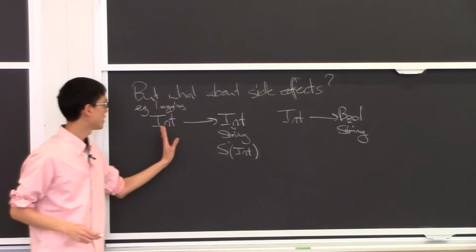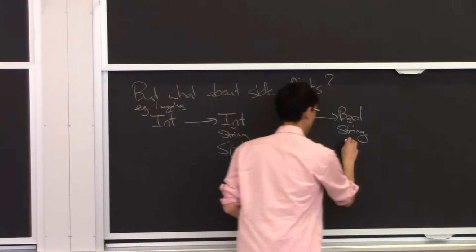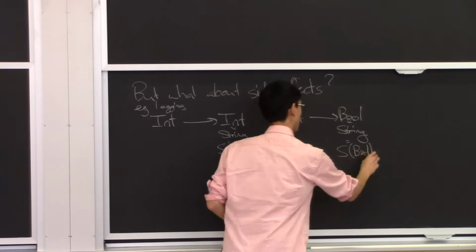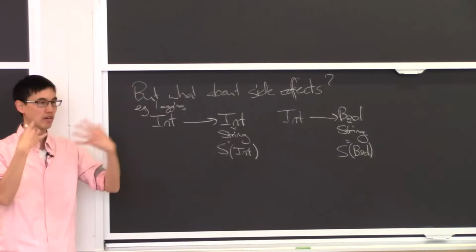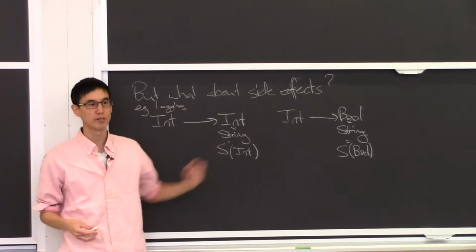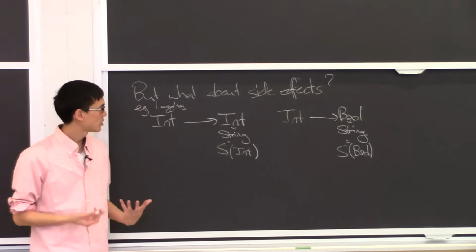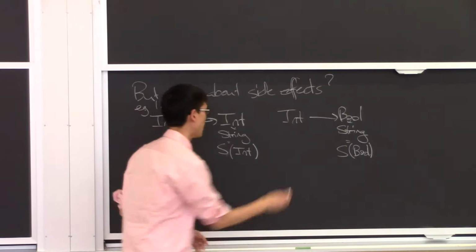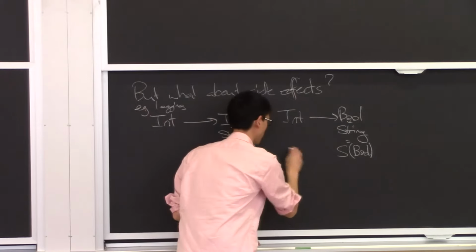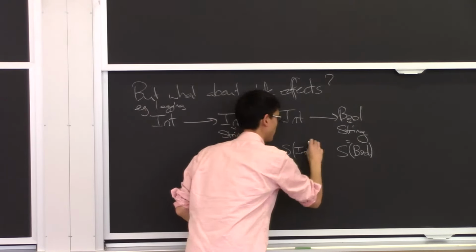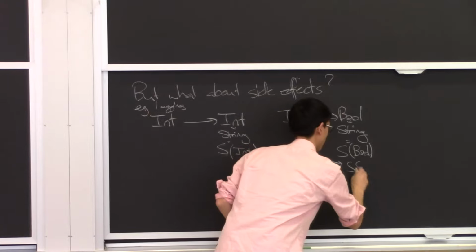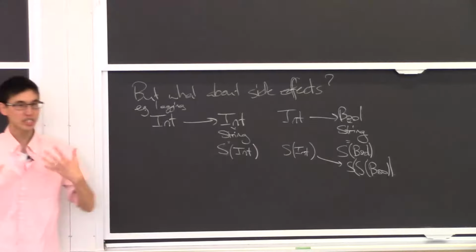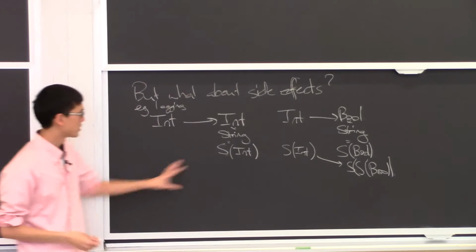And so now I have a map from int to S int and a map from int to S bool. So given this functorial construction, I can think about composing these by applying fmap, applying the action of the functor to this morphism. And now, given a map from int to S bool, I get a map from S int to S of S bool, right? And so this at least helps me compose things a bit, because now these types match up.